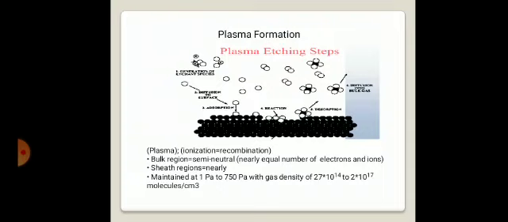In this process, the pressure should be maintained at 1 Pascal to 750 Pascal with a gas density of 2.7 × 10^14 to 2 × 10^17 molecules per cubic centimeter. So this is the complete process of plasma formation. We can easily understand this process using this diagram.